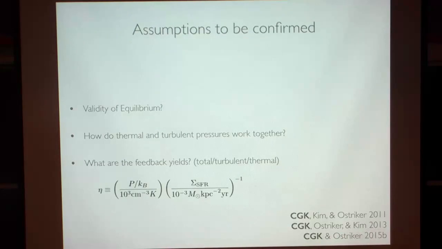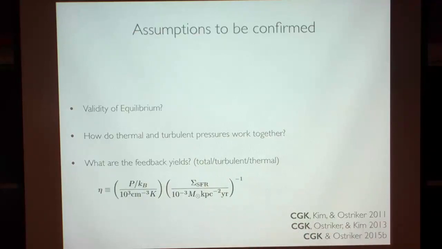But there are lots of assumptions we actually made, so we need to confirm those assumptions. So basically what we did is direct numerical simulation to check the validity of the equilibrium.